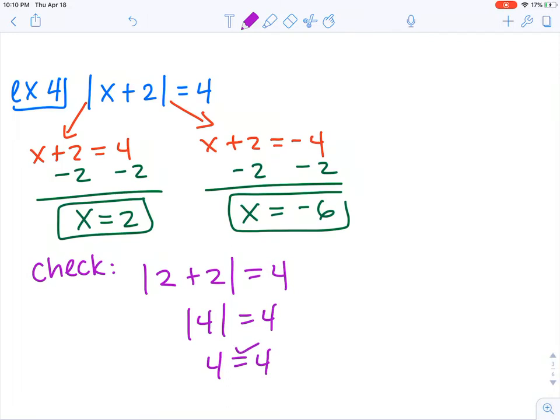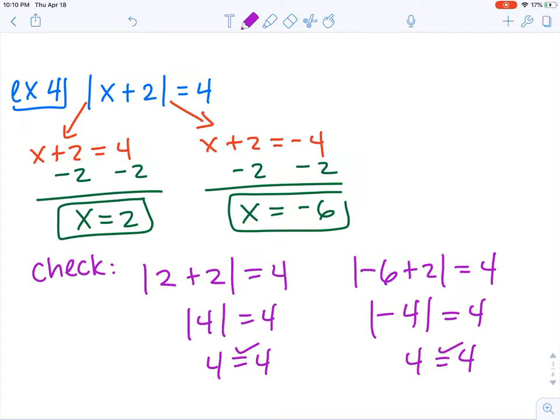So the solution of x equals 2 checks. Checking negative 6. Negative 6 plus 2 is negative 4. After taking the absolute value of negative 4, we get 4, so we see that our solution of x equals negative 6 also checks.